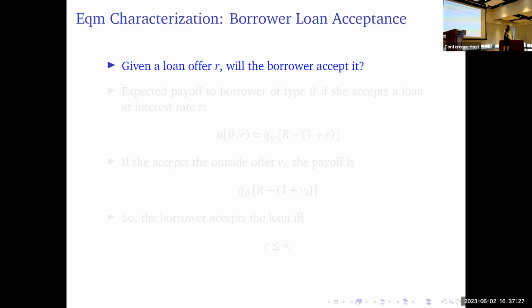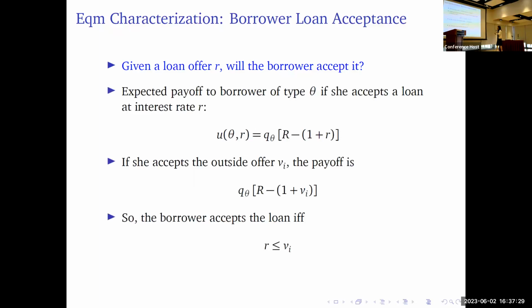So from the borrower's perspective, if they accept this offer, then if the project succeeds, they will receive the total pie taken out of the part that belongs to the lender. And with probability q, they will receive this outcome. And if they don't accept this offer but go to the outside option, then they will get this much.